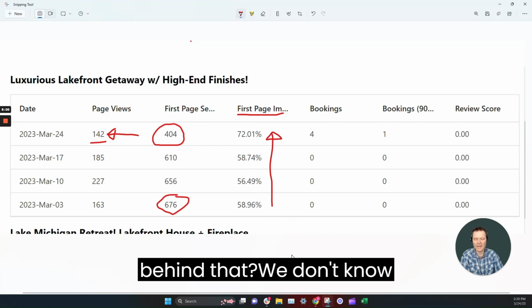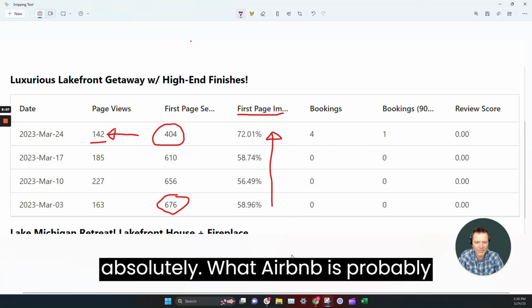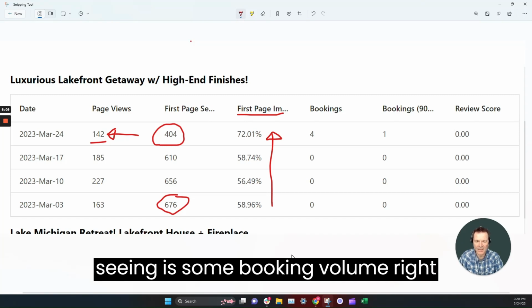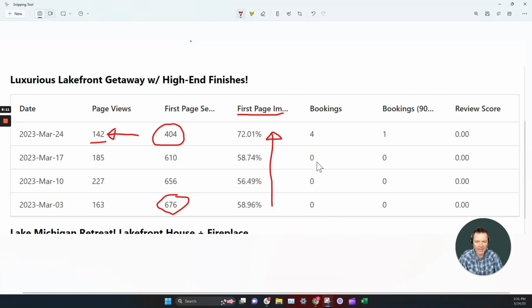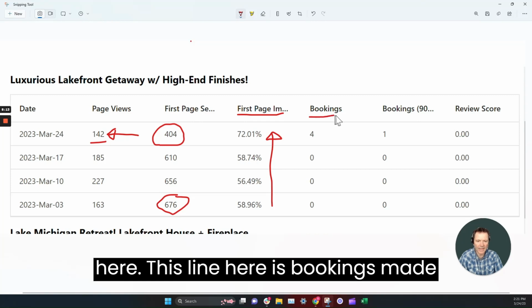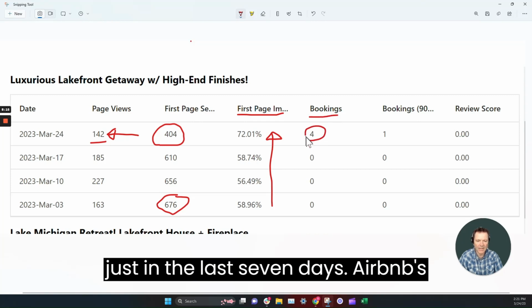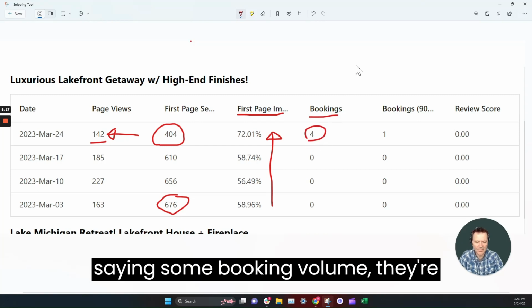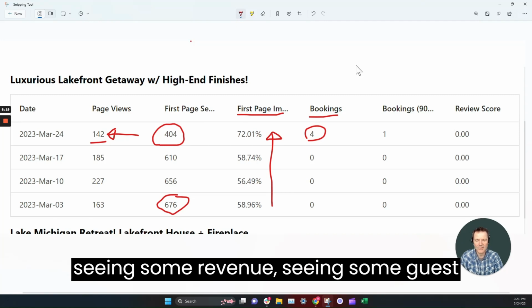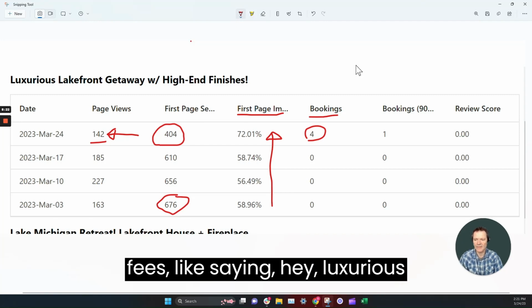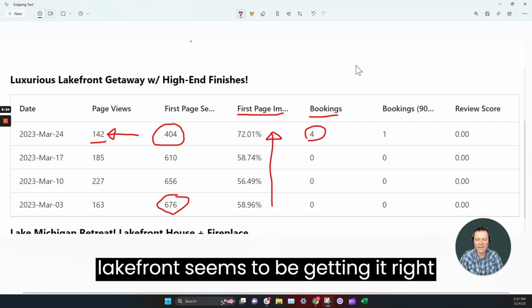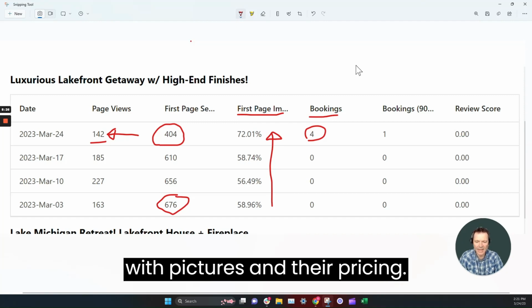The reason behind that, we don't know, absolutely. What Airbnb is probably seeing is some booking volume right here. This line here is bookings made just in the last 7 days. Airbnb's seeing some booking volume, some revenue, some guest fees. They're saying, hey, luxurious lakefront seems to be getting it right with pictures and their pricing.